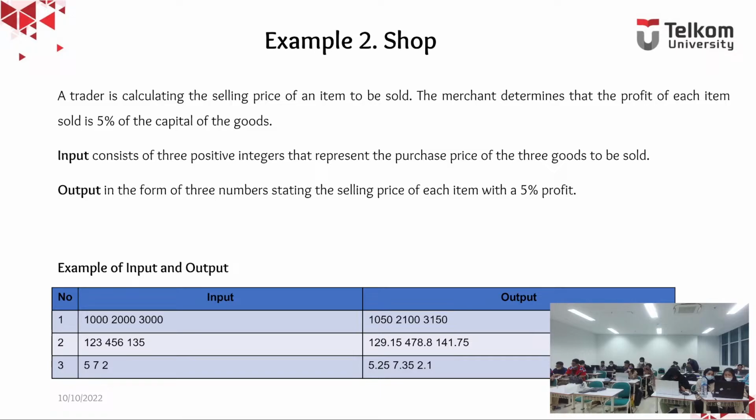Then the seller will sell it at a certain price, and of course the seller needs to make a profit. The profit is already mentioned, 5%. The input consists of 3 positive integers, so there are 3 items, and this is the price for those three items, and then this is the output. Next, please.